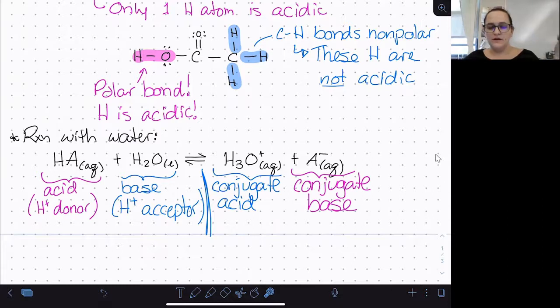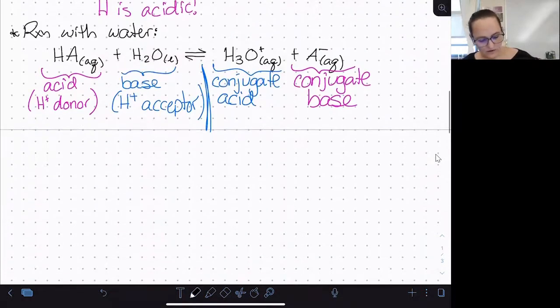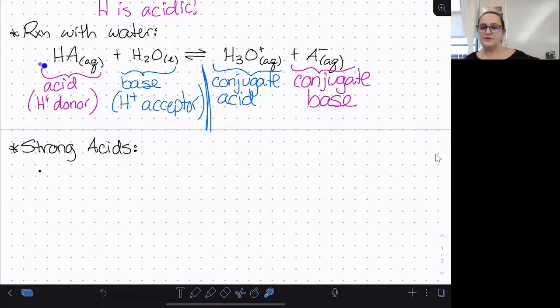So within acids, we have strong acids and we have weak acids. So the strong acids, there is a short list of them. And what makes a strong acid strong, what strength of an acid really is, is how much of it undergoes this reaction, how much of it actually ionizes, what percentage of the acid molecules actually give a proton to a base or to water.